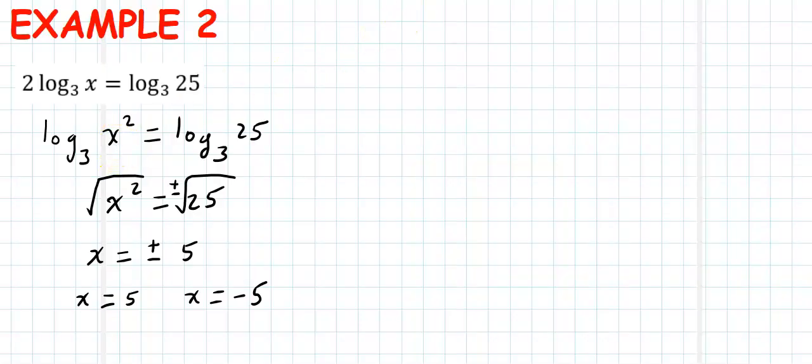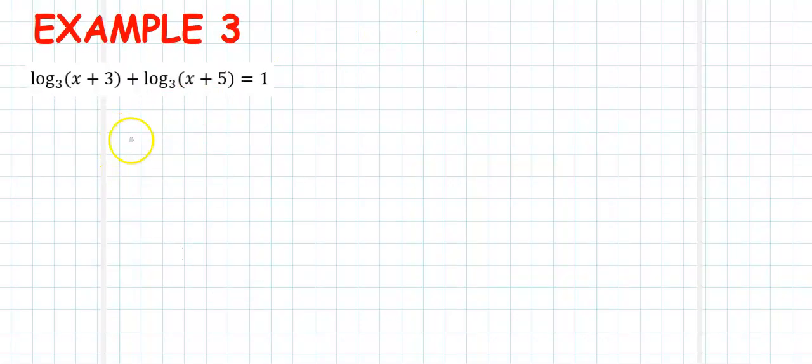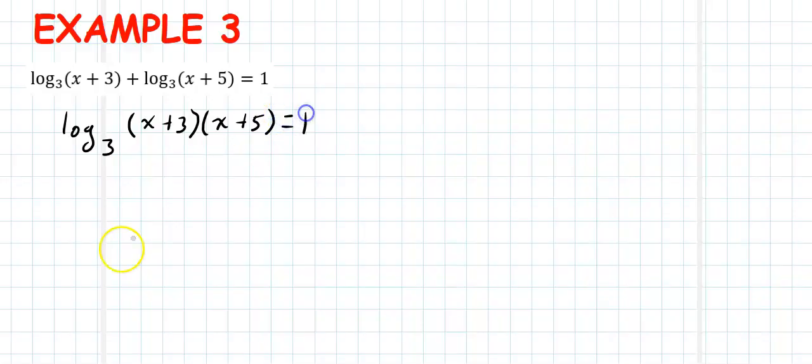Let's do another example. If we have logarithm base 3 of x plus 3 plus logarithm base 3 of x plus 5 equals 1. One property of logarithms is that if we add logarithms with the same base, we can write the logarithm base 3 of the product of the two arguments, x plus 3 times x plus 5, equals 1.